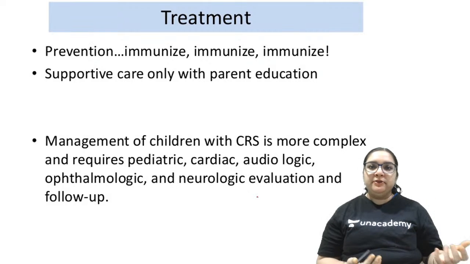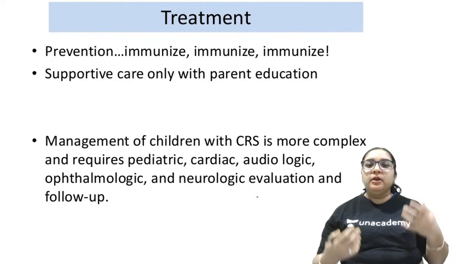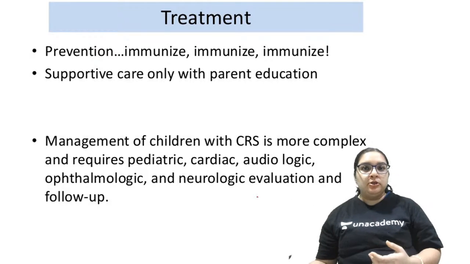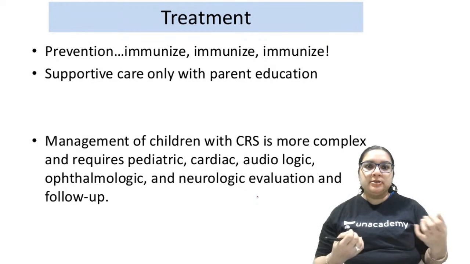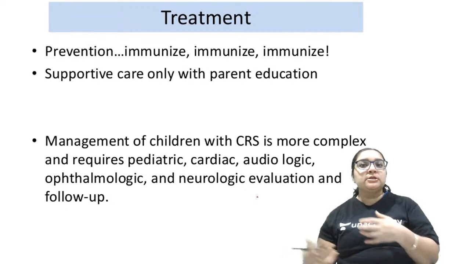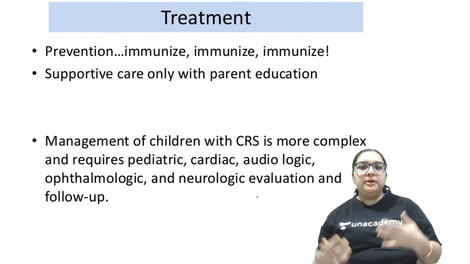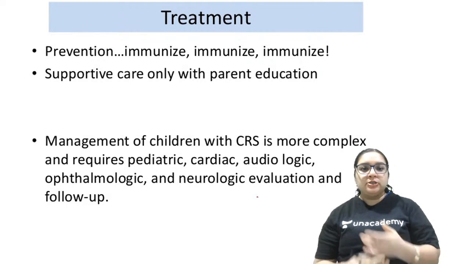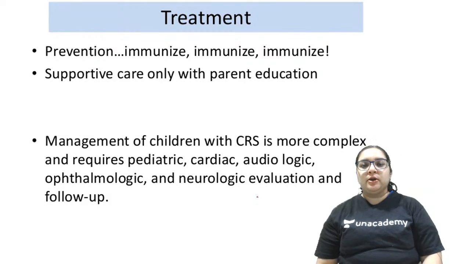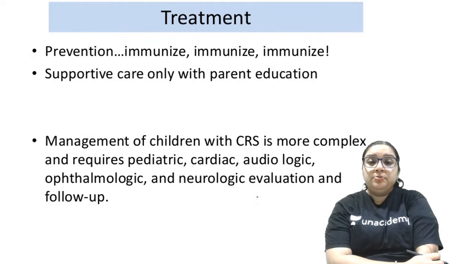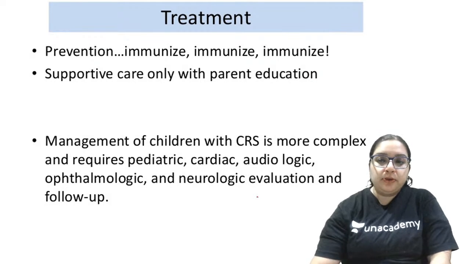If neurological manifestations are there, autism is there, motor delay is there, send them for neurologic evaluation, and so on and so forth. So ophthalmologist, pediatrician, cardiologist, audiologist, speech therapist, neurologist, all are in the picture together for the supportive care of children with congenital rubella syndrome, in addition to parent education.